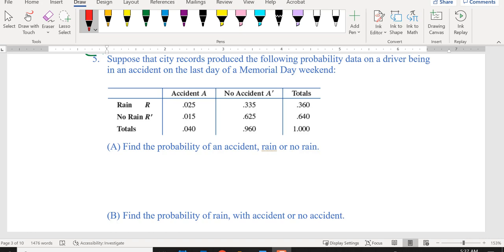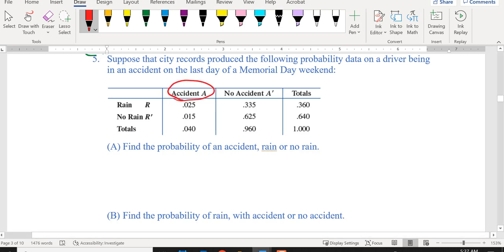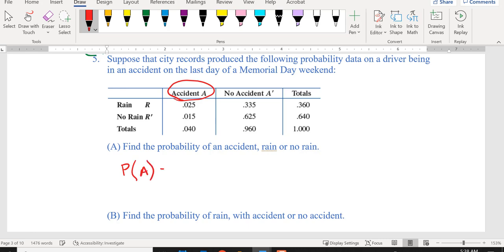So looking at the table, probability of an accident, rain or no rain. So the probability of an accident is equal to the probability of rain and accident plus the probability of no rain and accident.